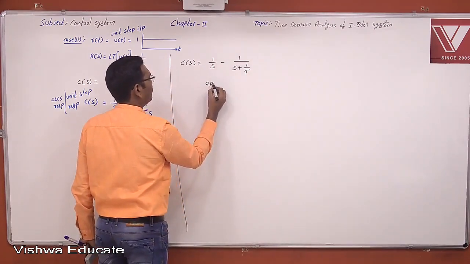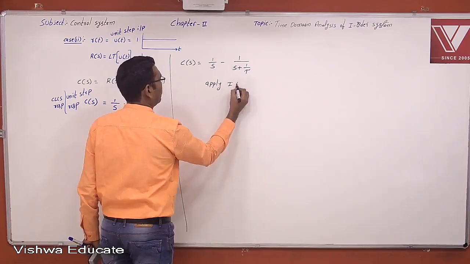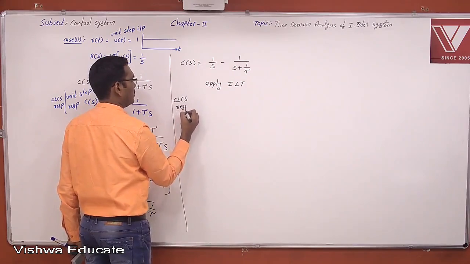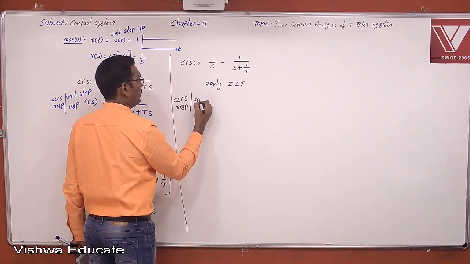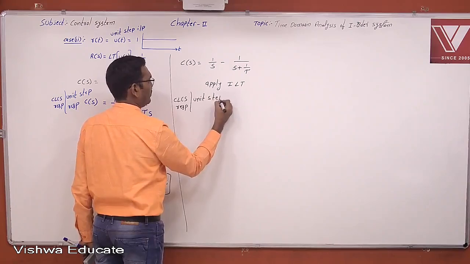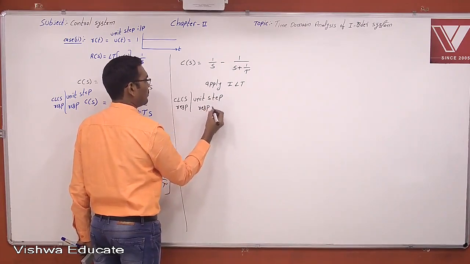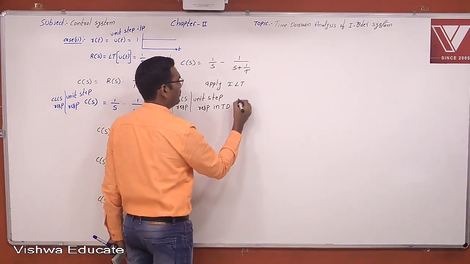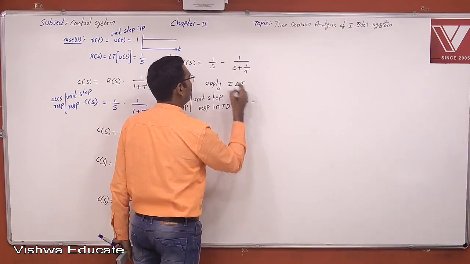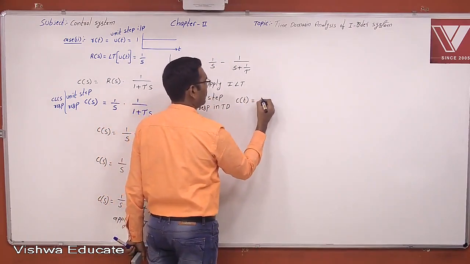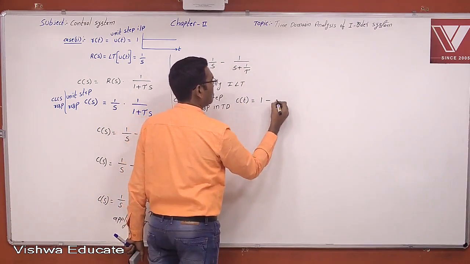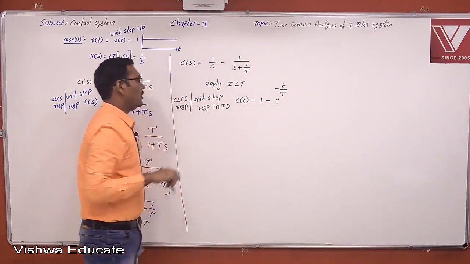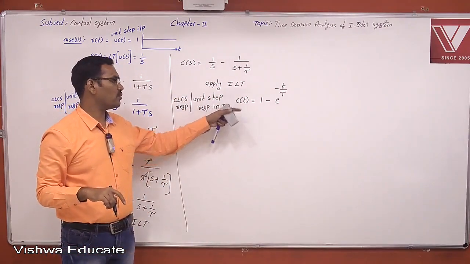If you apply the inverse Laplace transformation, this closed loop control system response is the unit step response in time domain. C of t is equal to the inverse Laplace transformation of 1 by S, which is 1, minus 1 by S plus a, which is e power minus at. This is the unit step response, or closed loop control system response, in time domain.